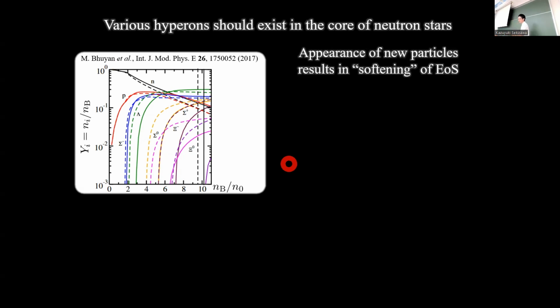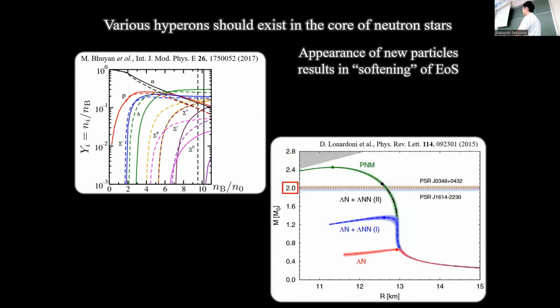And the problem is, when we introduce new particles, the EOS, equation of state, becomes softer. Soft means it can be more easily compressed. So it makes the mass-radius relation of neutron star smaller, or the maximum mass becomes much smaller. Here in this figure, I show the mass of neutron star and its relation with the radius.